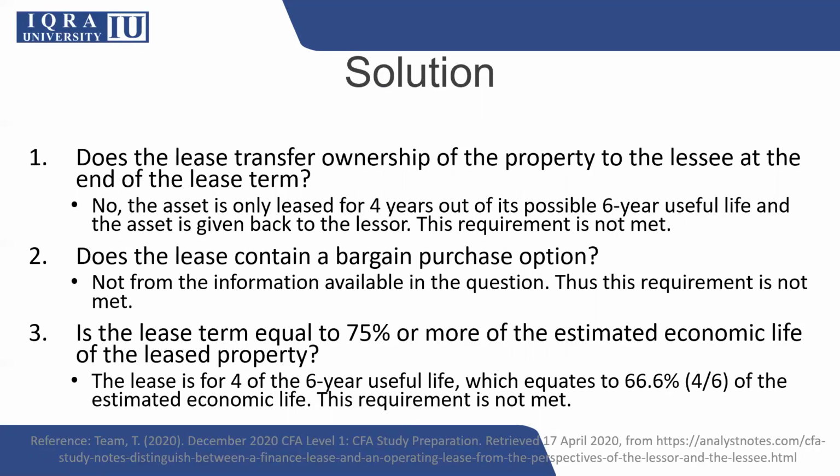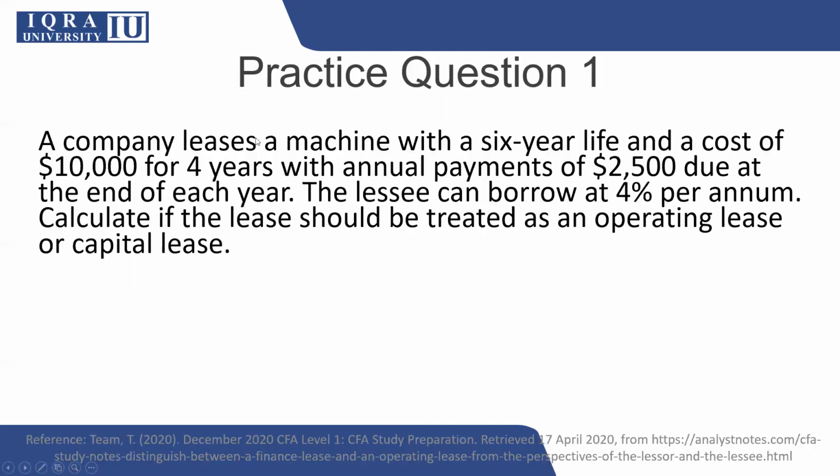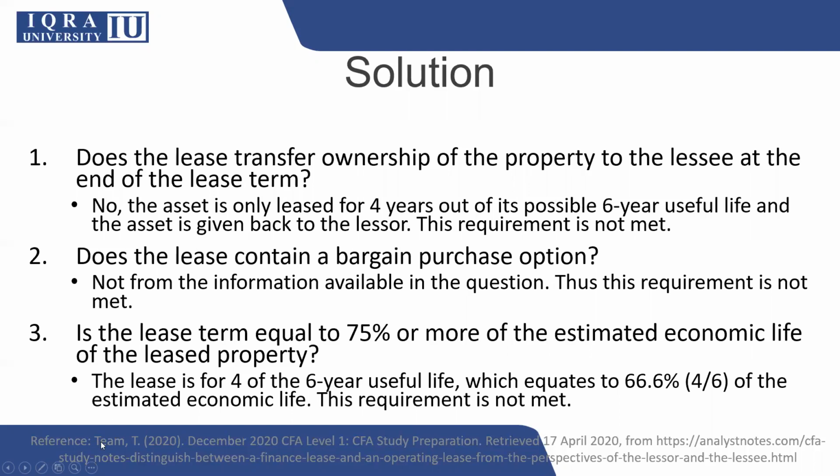The third criterion which should be met by the lease transaction to be treated as a capital lease is that the lease term is equal to 75% or more of the estimated economic life of the property. If you go back to the question, the machine life was 6 years while the company is taking it for 4 years. If we divide 4 by 6, you will get a percentage of 66.67.